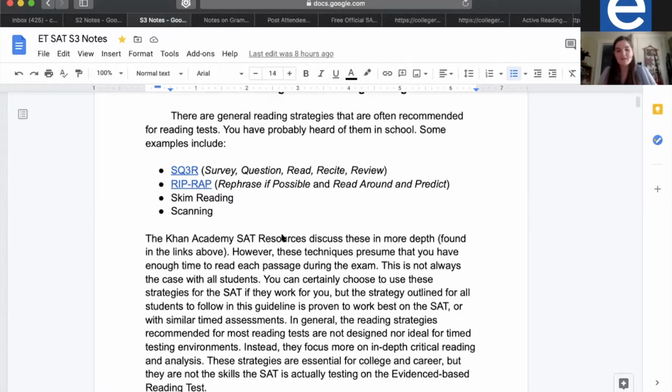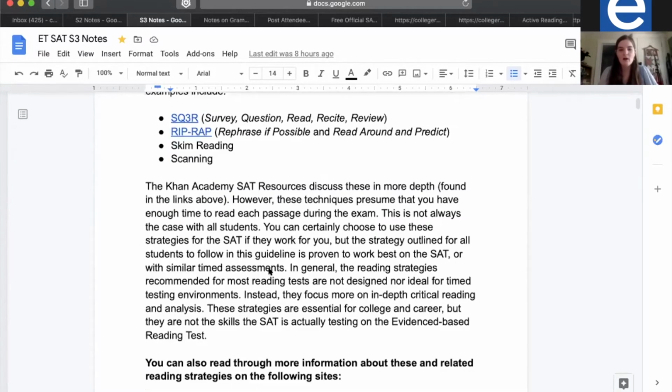For the SAT, you need to be reading quickly. You need to be reading only the essential information that you need to answer the questions. To that end, the reading strategy that we're going to go over in a few minutes outlines how you would approach that. You still do need to try to read the passage fully at least once, but we'll get into that.